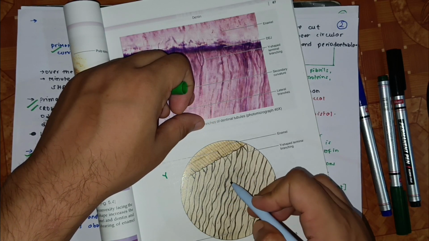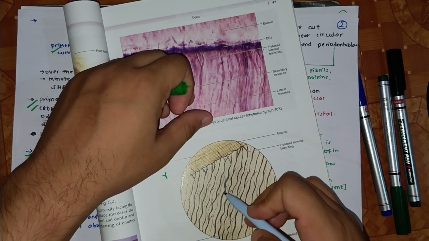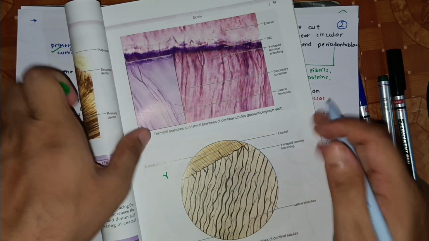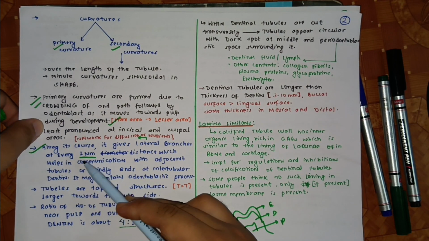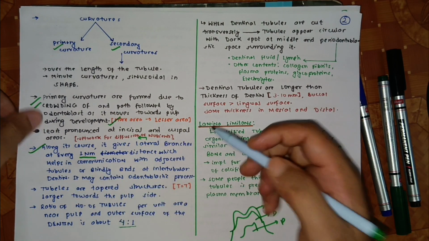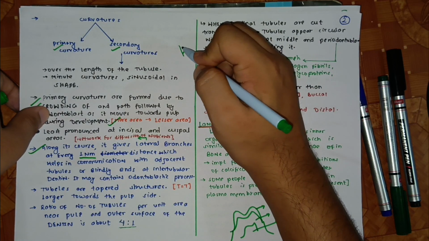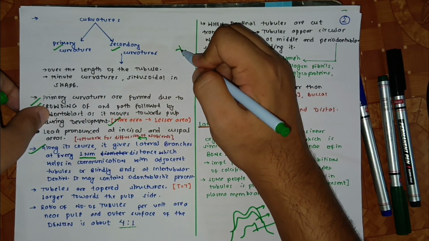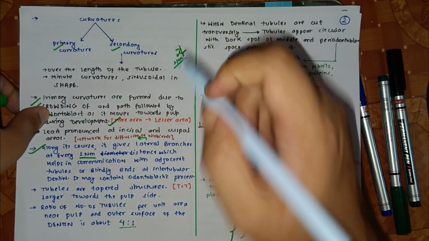These are the branches lateral to the main dentinal tubule, and they occur at about every 1 micrometer distance. If the tubule gives a lateral branch at this point and another at this point, the distance between them is 1 micrometer. You can remember this.